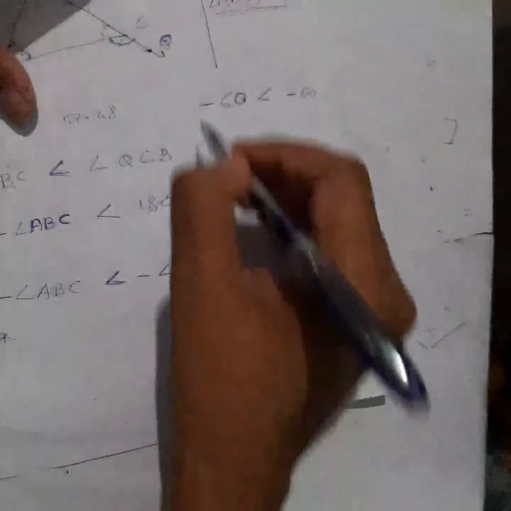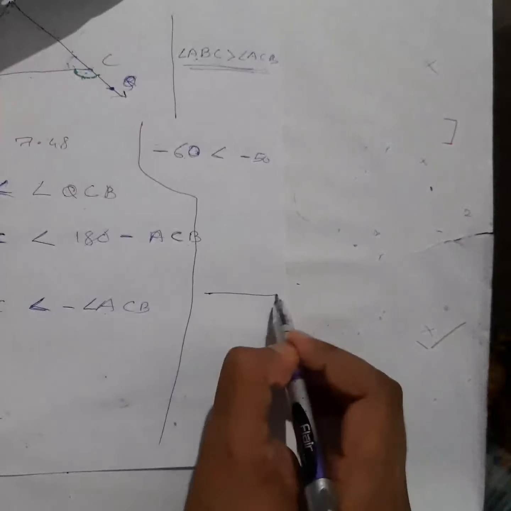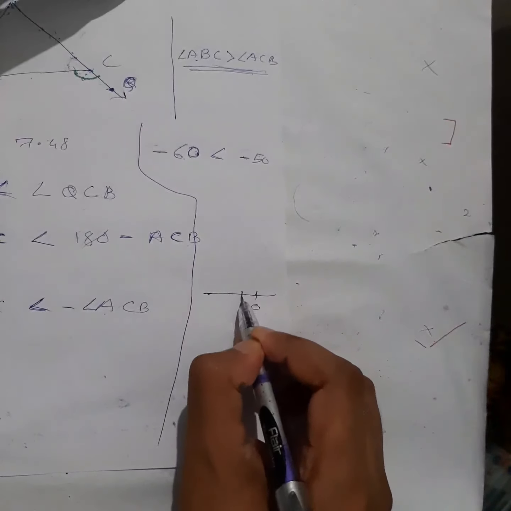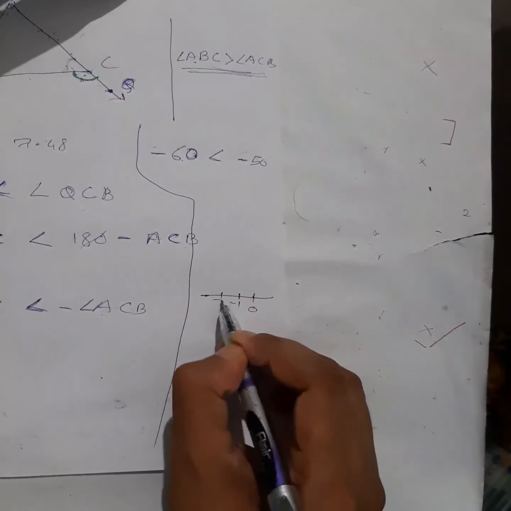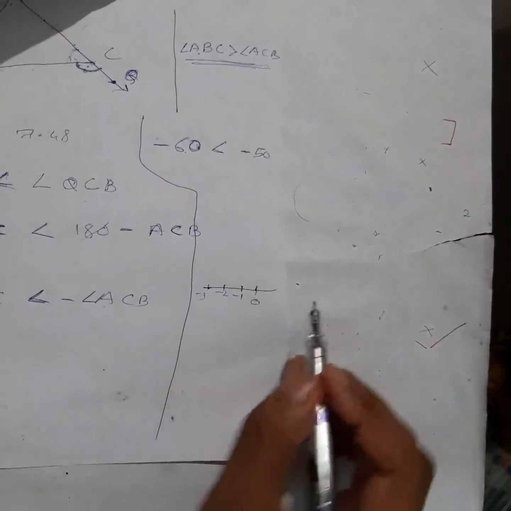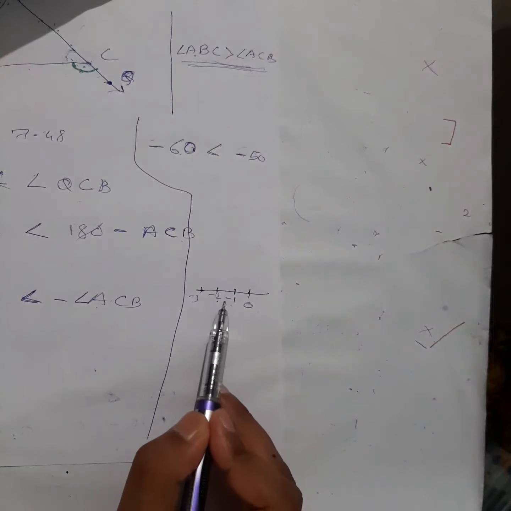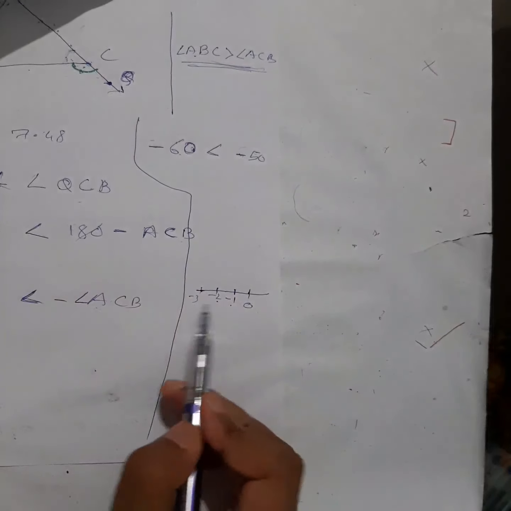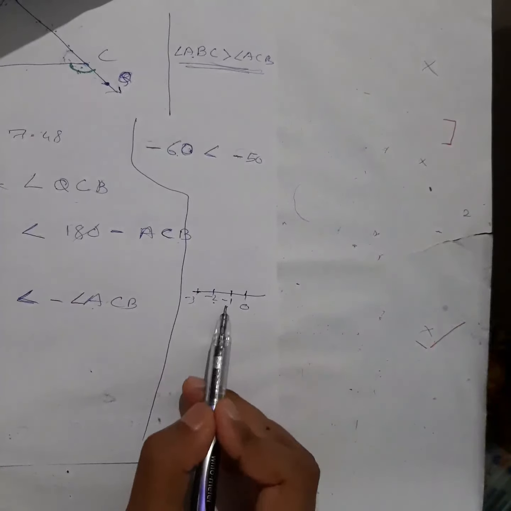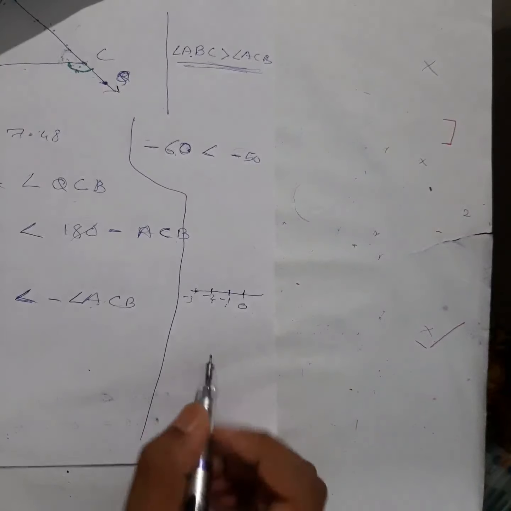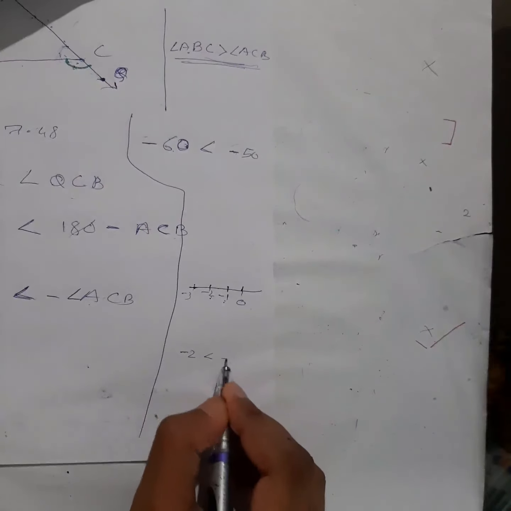On the number line, this is 0. Then what comes? Minus 1. Then minus 2. Minus 3. Now see here. Minus 2 is less than minus 1. Whatever numbers are on the left side are always less than the number on the right side, right? So minus 2 is less than minus 1.